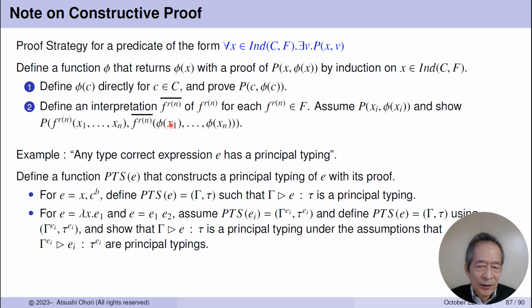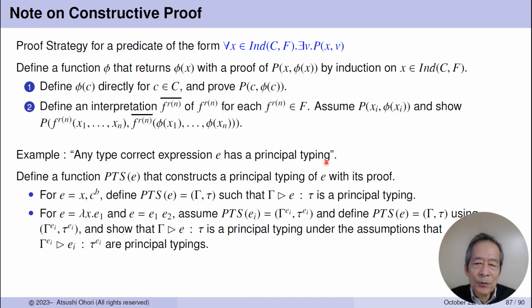syntactic constructor, we define how to construct a semantic object and assume that each component satisfies some desired property and show the constructed element has the desired property. This is a typical shape of proof, and in this example, any type correct expression E has a principal typing.